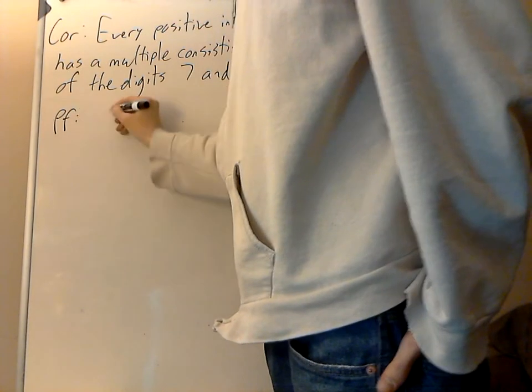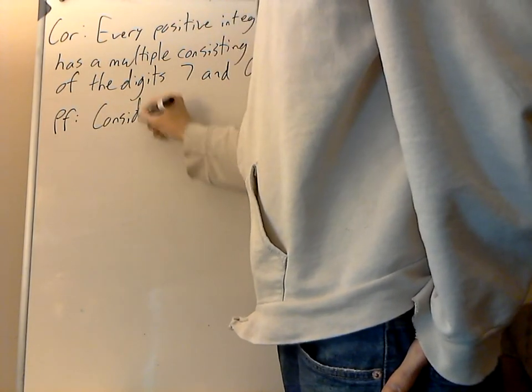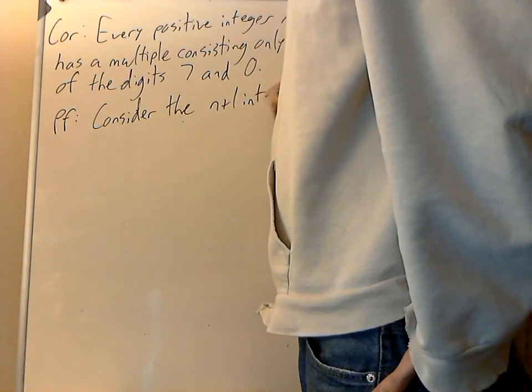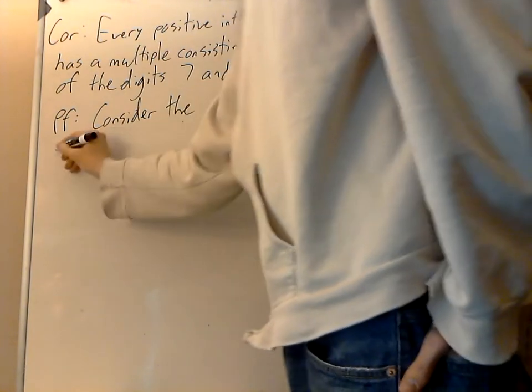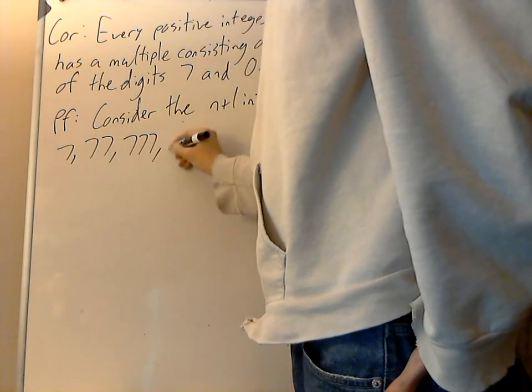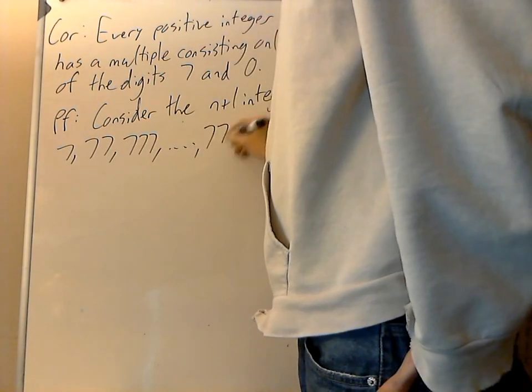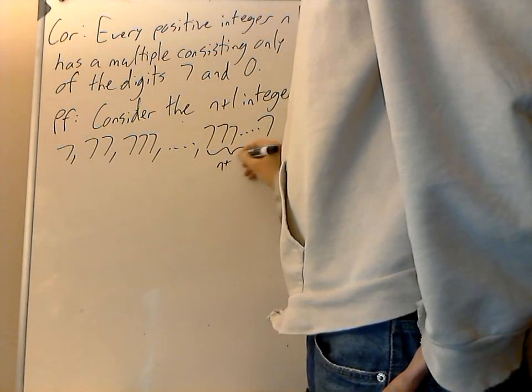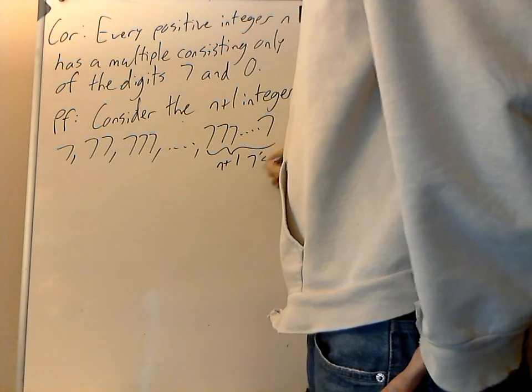And the proof of that is, consider the n plus 1 integers 7, 77, 777, and so on, all the way up to the number consisting of n plus 1 sevens.